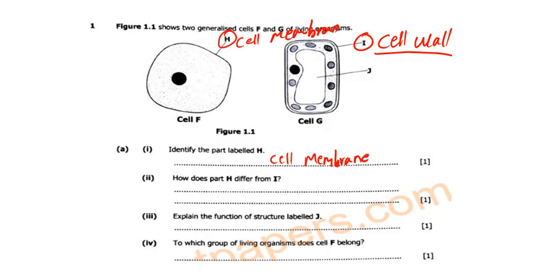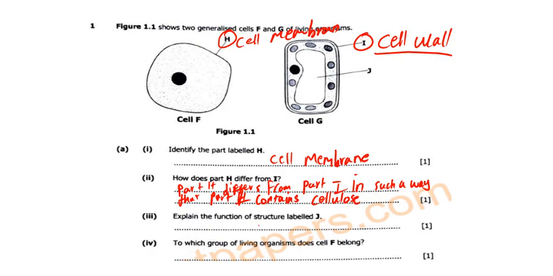So you can say part H differs from part I in such a way that part I contains cellulose.